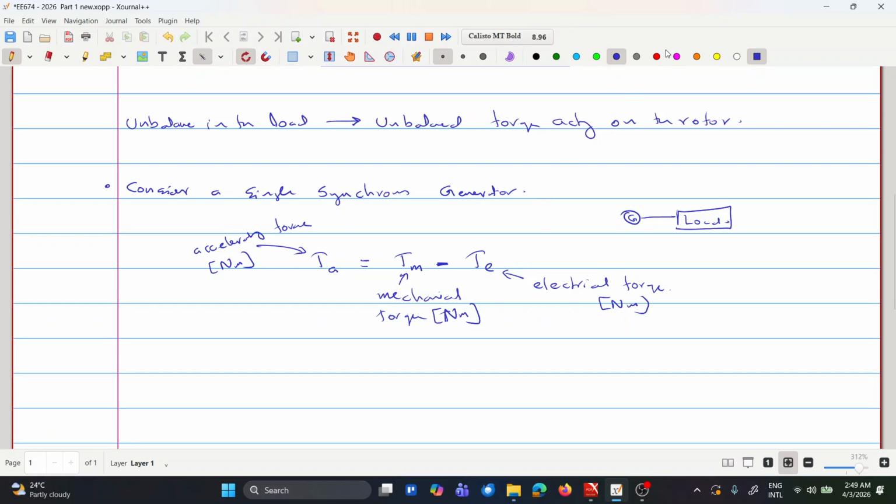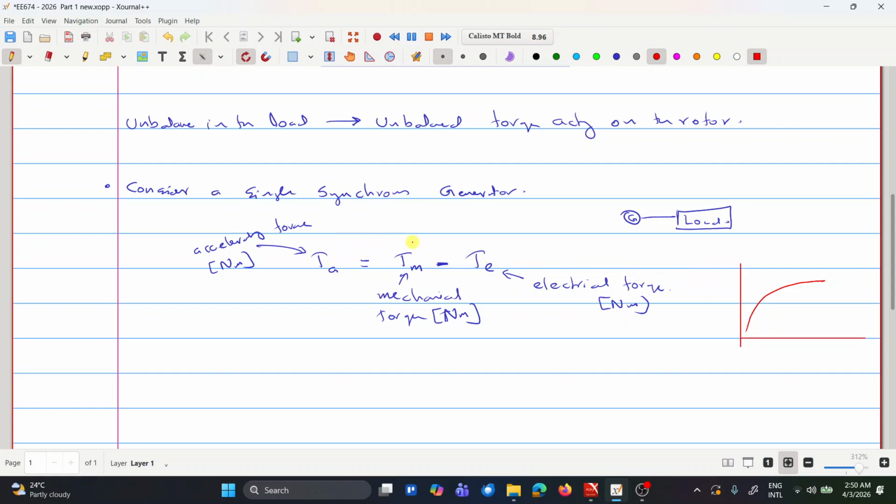Now by looking at this, you can see that if the generation is kept constant and the load increases, then this difference will decrease. That means your acceleration will slow down, basically you are decelerating the machine, right?